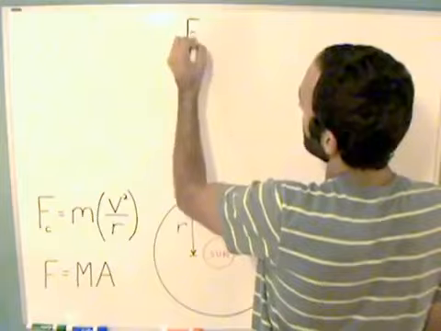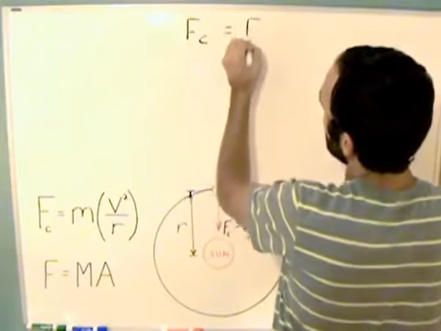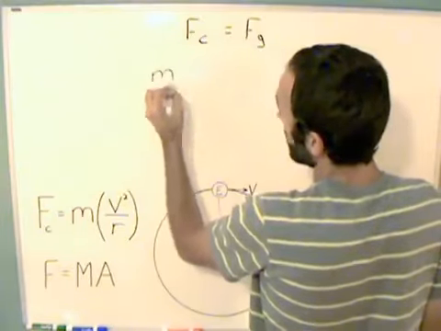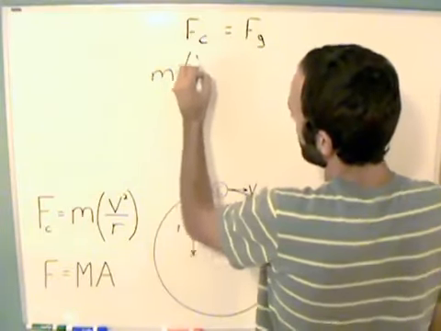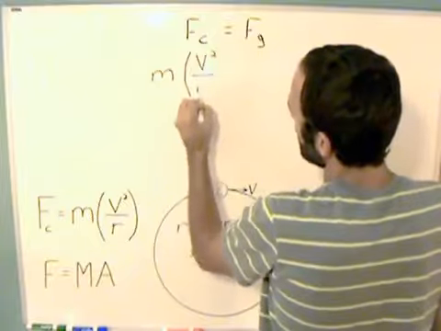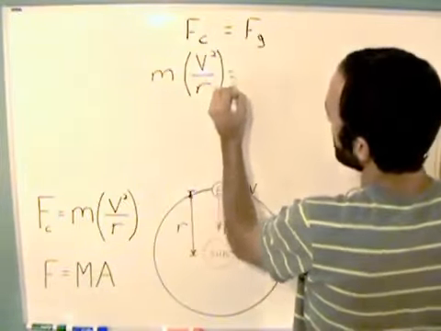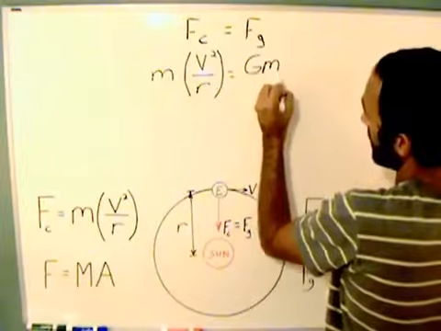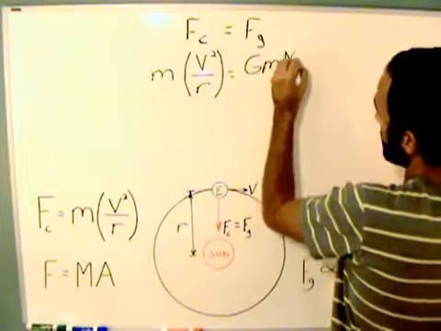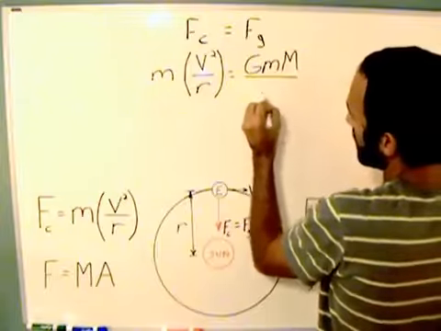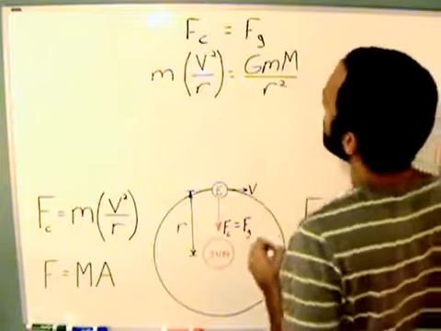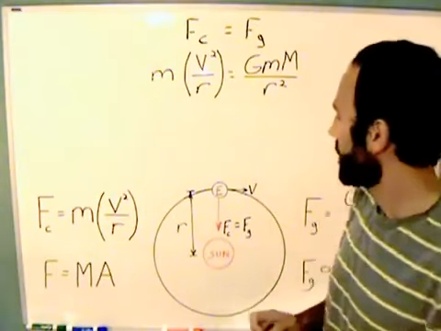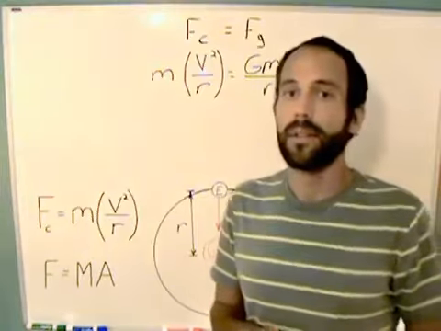This is m times v squared over r, equal to big G, the gravitational constant, times little m, the mass of Earth, times big M, which we're going to say is the mass of the Sun, over r squared.